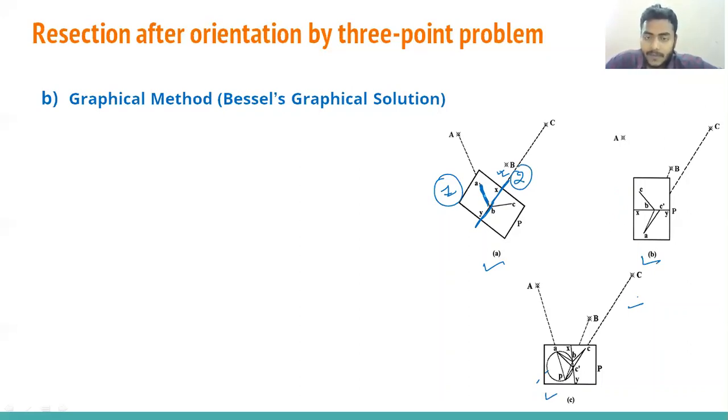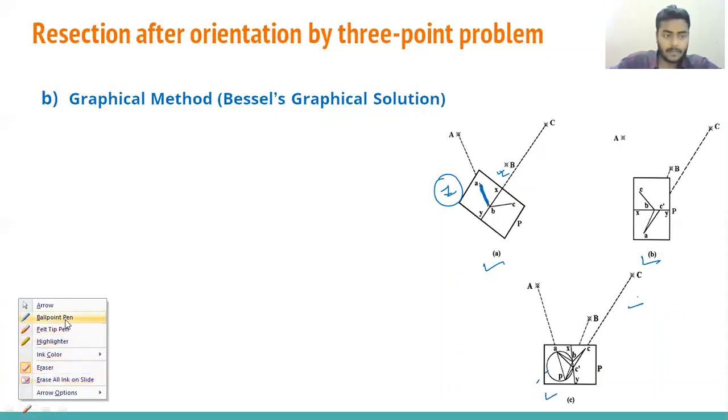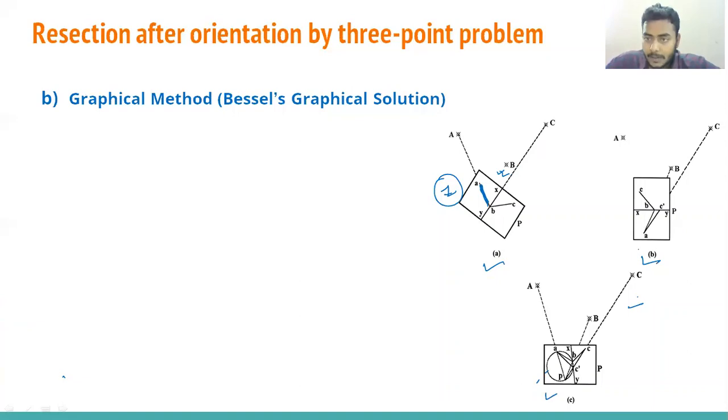What we have done in the first step: we keep the alidade along the AB line, sight A, clamp the table, then pivot at B, sight C, and draw the line XY. Now come to this B part of the figure.